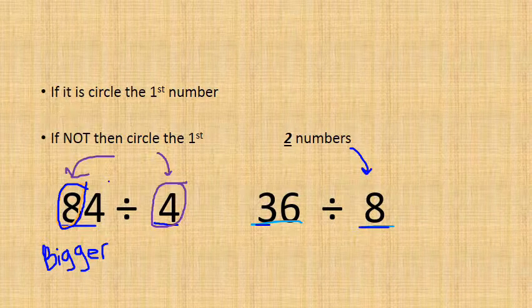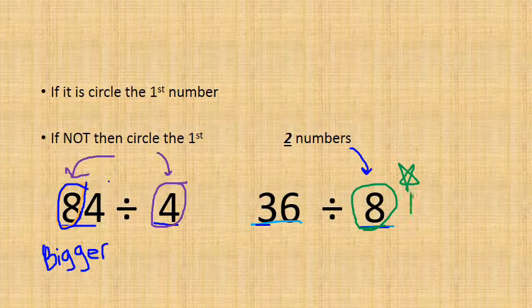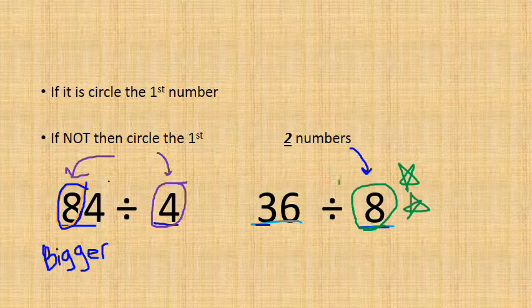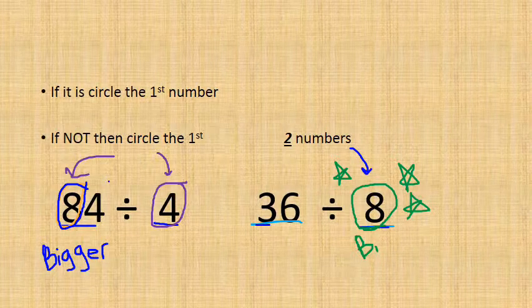Would you rather have 8 bags of Takis or 3 bags of Takis? I'd rather have 8 bags of Takis. Might get a tummy ache, but it'd be worth it. 8 bags of Takis is definitely going to be bigger than 3. So the number after the division sign is bigger.